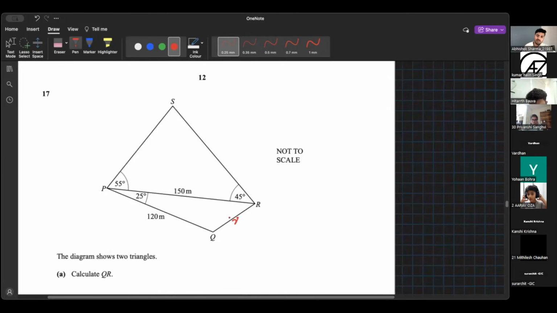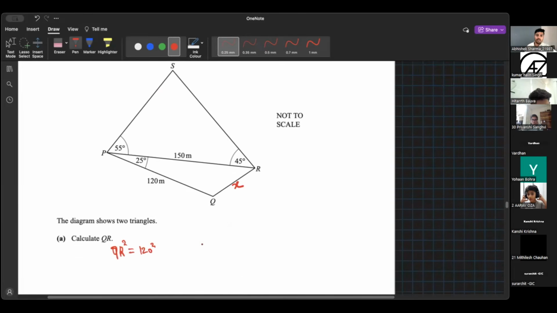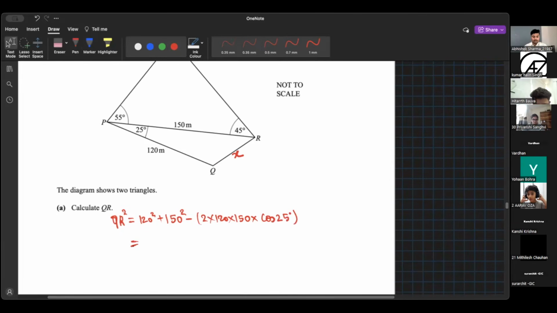We can clearly see that it's a triangle with 150 squared minus 2 into 120 into 150 into cos 25 degrees. Do this calculation directly in the calculator. Root of 120 squared plus 150 squared minus 2 times 120 into 150 into cos 25. 65.37. And the answer is 65.4.